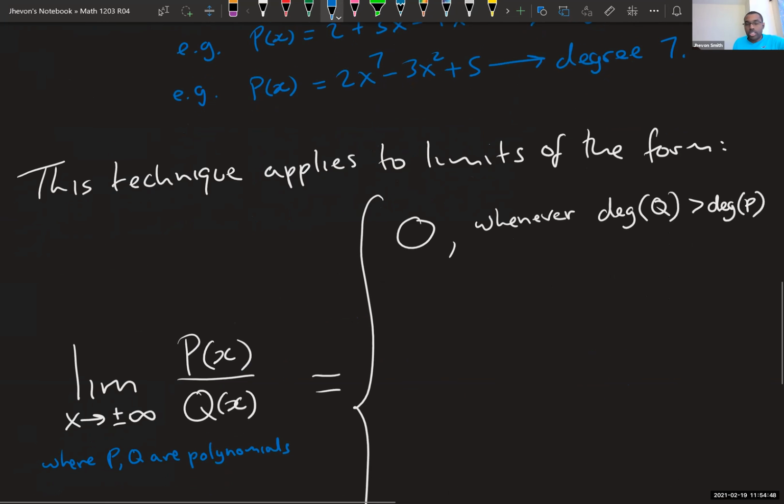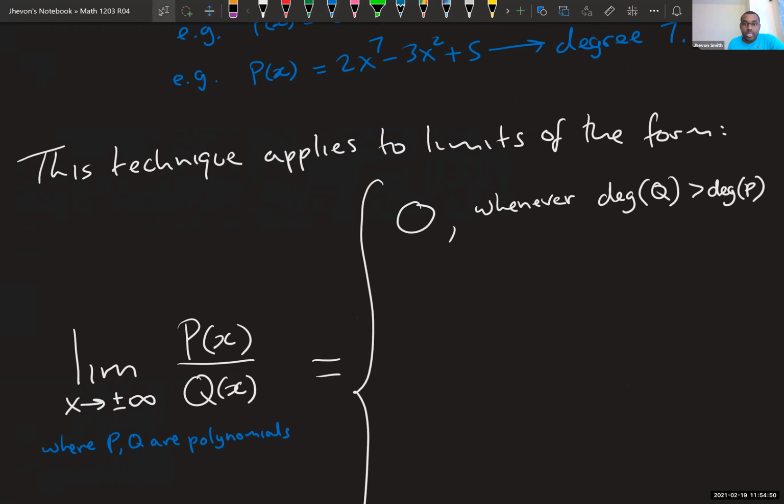Right? So essentially, if the highest power of x is in the q, notice that q is in the bottom. If the highest power is in the bottom, it will always be 0.